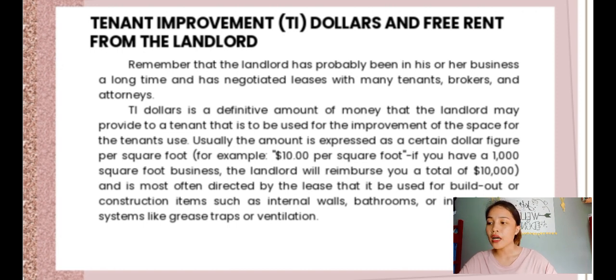The TI is typically expressed as a per square foot amount, as I already said. Tenant improvement allowance is a fund the landlord provides to pay for improvements to the leased space. This allowance often pays for costs incurred when a tenant moves to a new property, such as updating floors or windows.